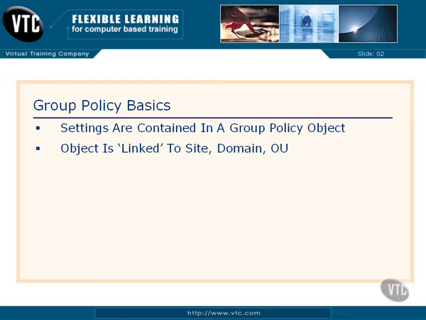And then any computers or users inside those particular Active Directory objects get those settings. When we link an object to a site, domain, or OU, we can tell it to make the settings to either the computers or the users. On the computers, we can tell it that when the computer starts up to make certain settings. On a user, we can say when the user logs on.